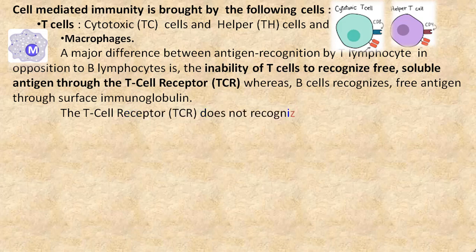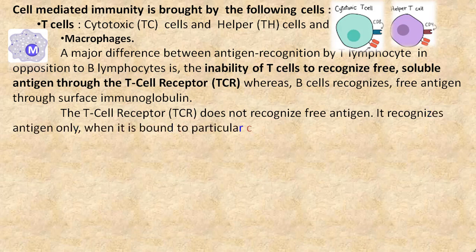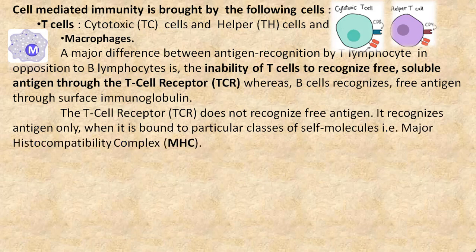The T cell receptor does not recognize free antigen. It recognizes antigen only when it is bound to particular classes of self molecules, that is major histocompatibility complex molecules.